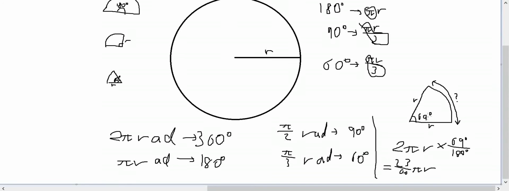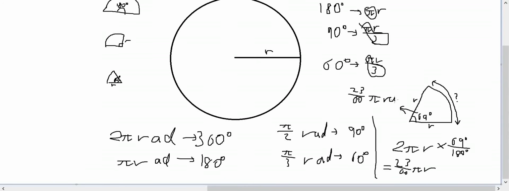What if this angle is represented in radians instead? This angle, when converted to radians, is basically just 23 over 60 pi radians.